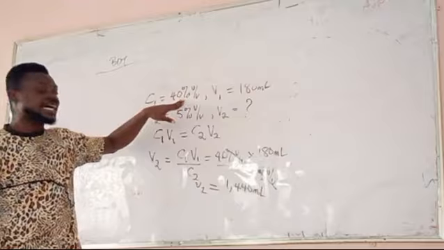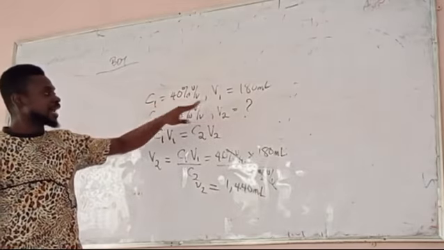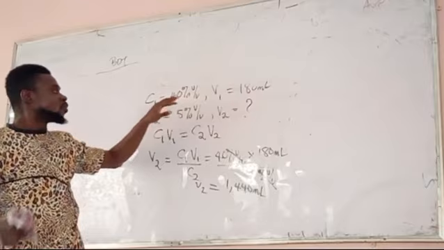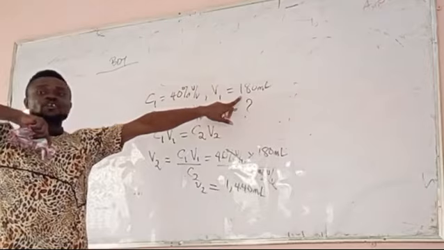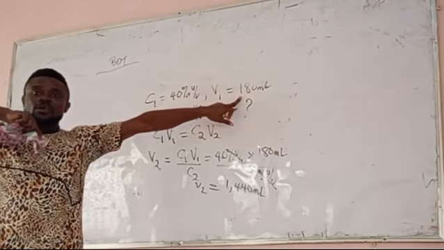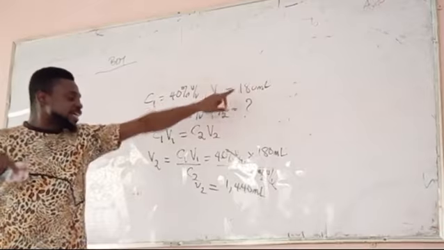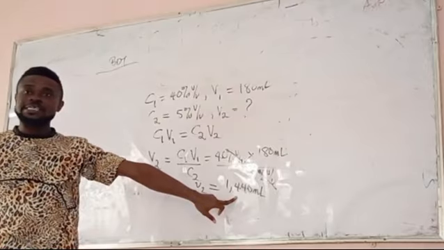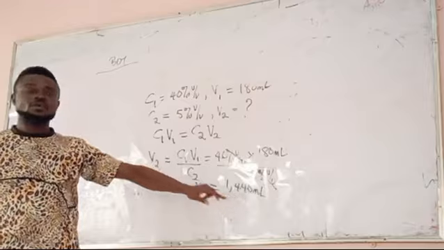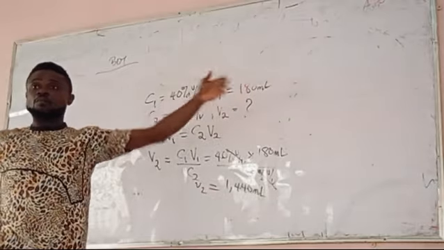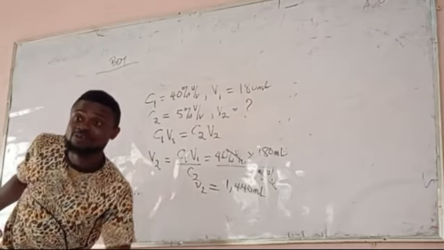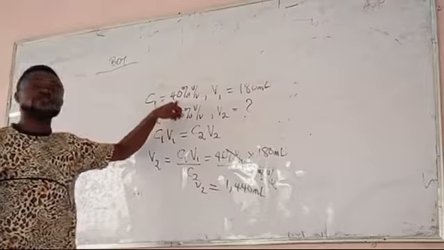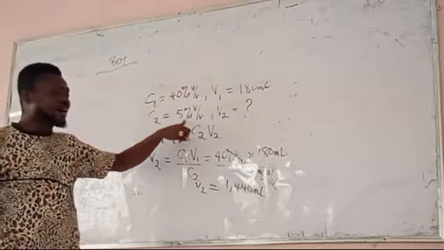This is the initial concentration, right? And this is the initial volume. When water was added, this initial volume of 180 ml increased immediately to 1,440 ml, right? It became more, but the concentration, because it is now diluted, moved from 40% to 5%.